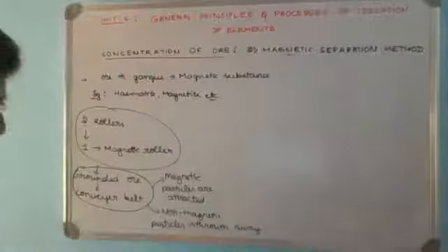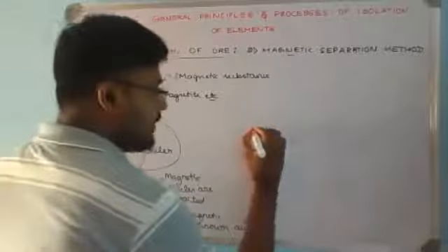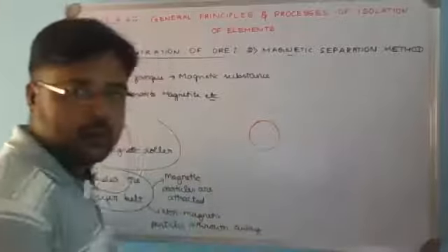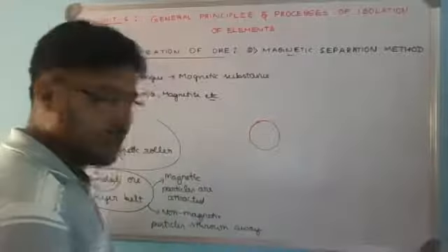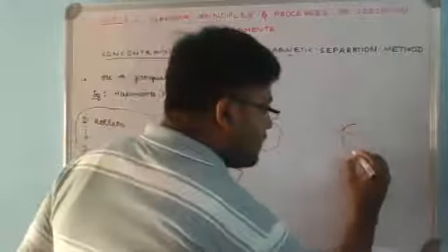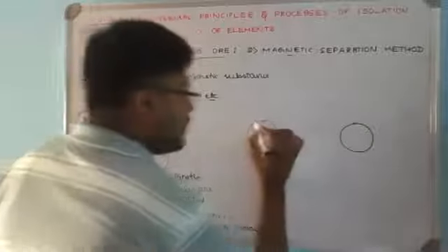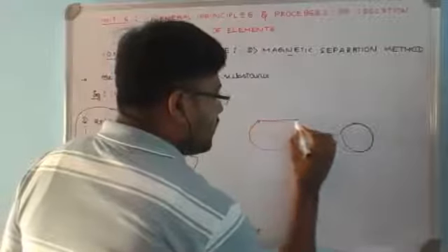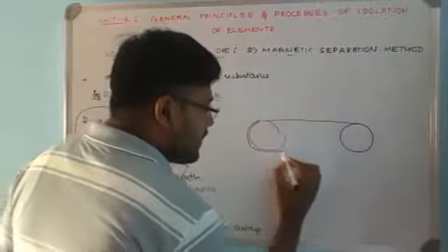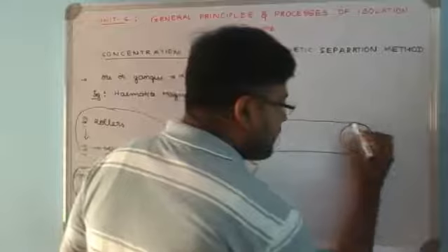Now try to observe. We'll consider the first roller as the magnetized roller, the one which is written in red ink. You can consider the other one a normal roller. Onto the rollers, we'll consider a conveyor belt.